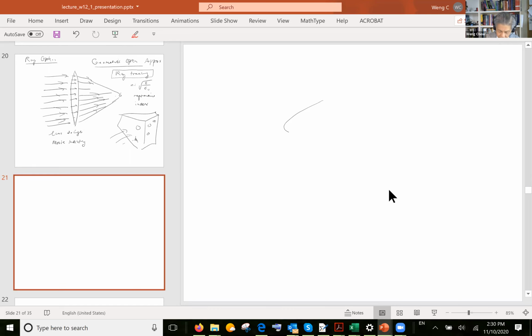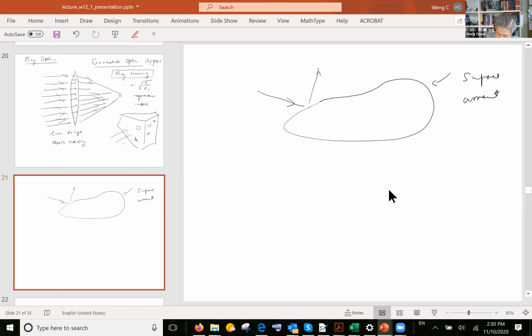Physical optics says that if I have a scatterer, I can find the problem using geometrical optics where I just make tangent plane approximations. And in physical optics, you actually find the surface current. Okay, the current Js is n cross H. You try to estimate this current. And instead of tracing the ray, you assume that you have these currents flowing on this surface.